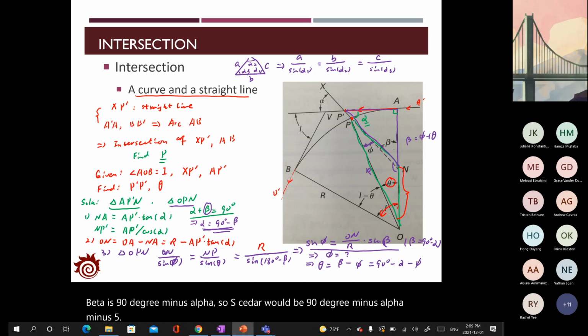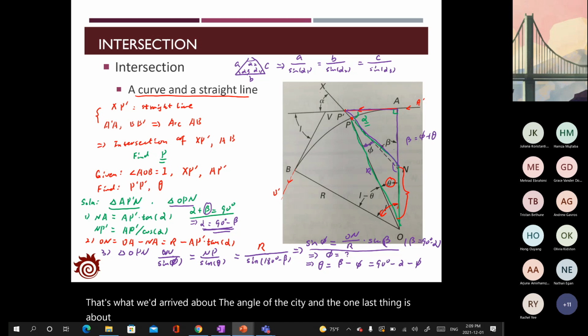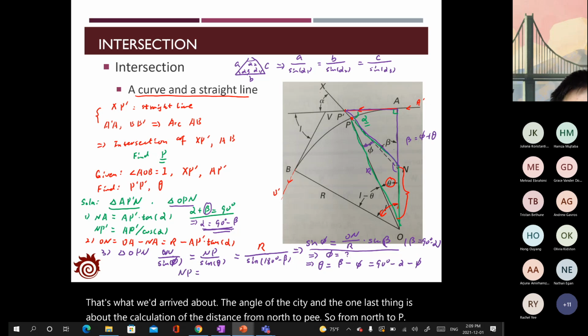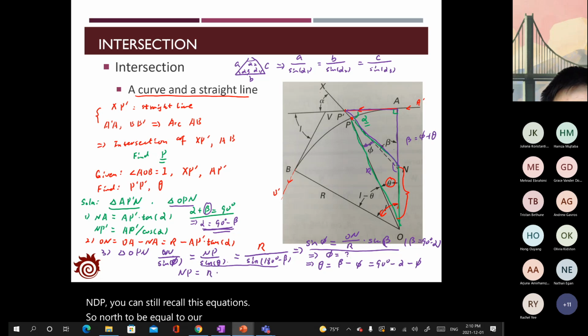That's what we derived for the angle theta. The last thing is the calculation of the distance from N to P. You can recall these equations: N to P equals R times sine theta divided by sine beta.